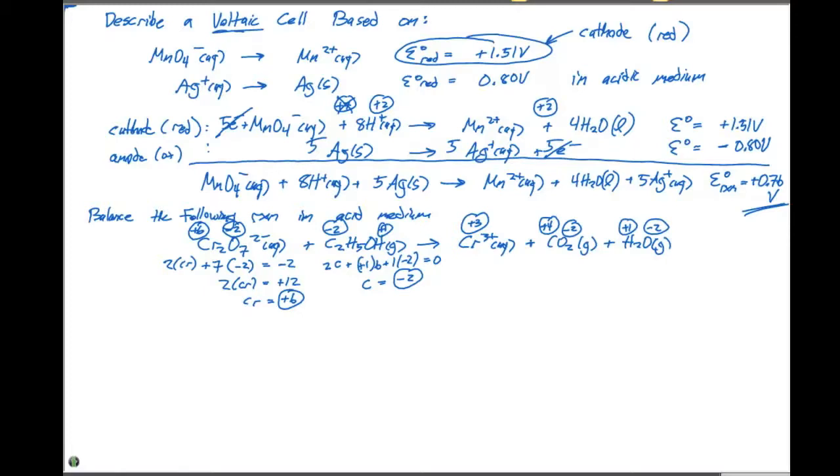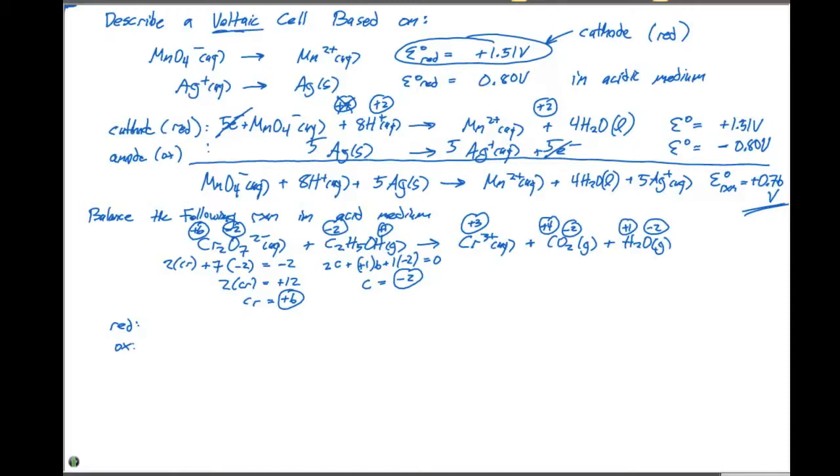So we can break this down into a reduction half cell and an oxidation half cell. We have to do this for these particular reactions because it's hard to analyze this just by looking at the equation and throwing around different coefficients in front of each of these.